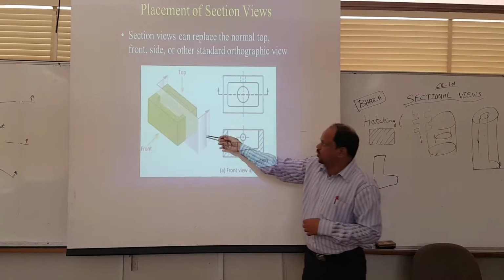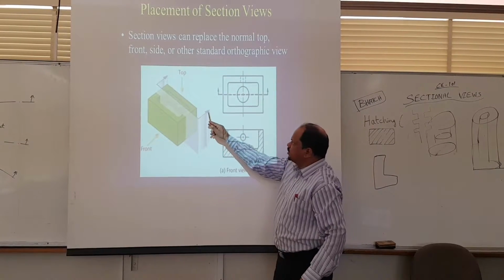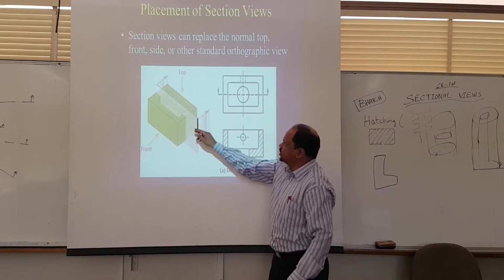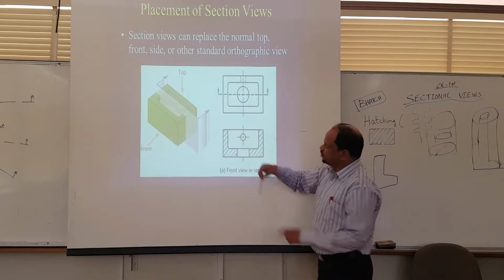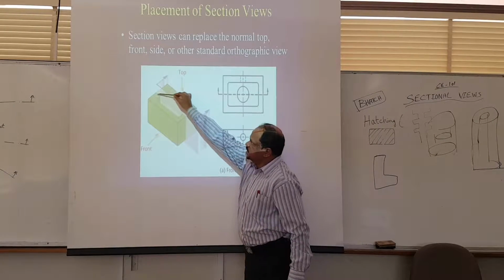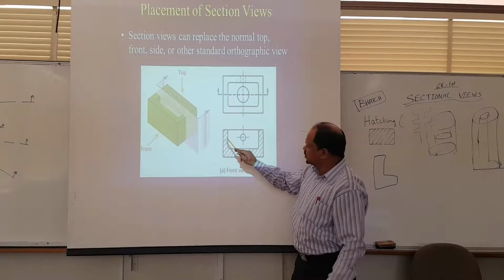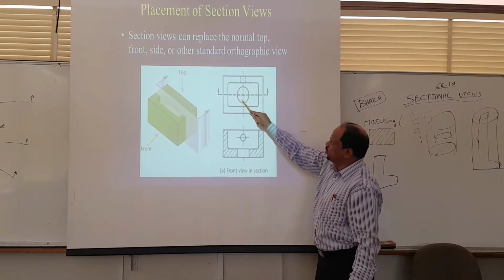Yeah. This. Okay, I am cutting it like this, so it becomes two parts. The arrow indicates the part which you have to view. So this part has been removed, you are viewing from this side. So in the front view you are viewing. Now, see, our cutting plane has cut this metal here, isn't it? It is cutting that, so this area will get hatched. At the bottom of this box, there is a hole.